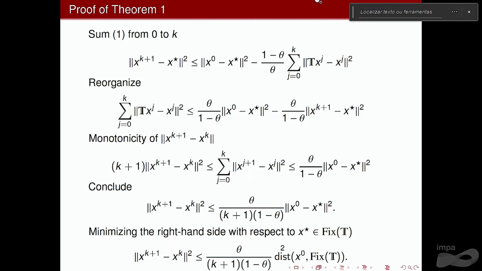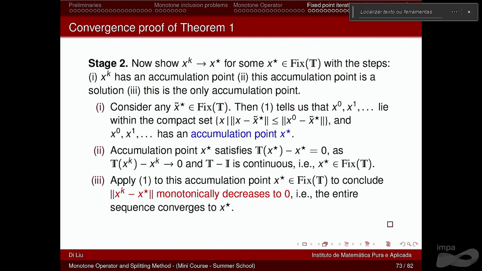On the right side, this term is a constant, because the initial point is fixed, and the fixed point set is also fixed. And as k increases, the right side decreases, and when k approaches infinity, the right side approaches 0.